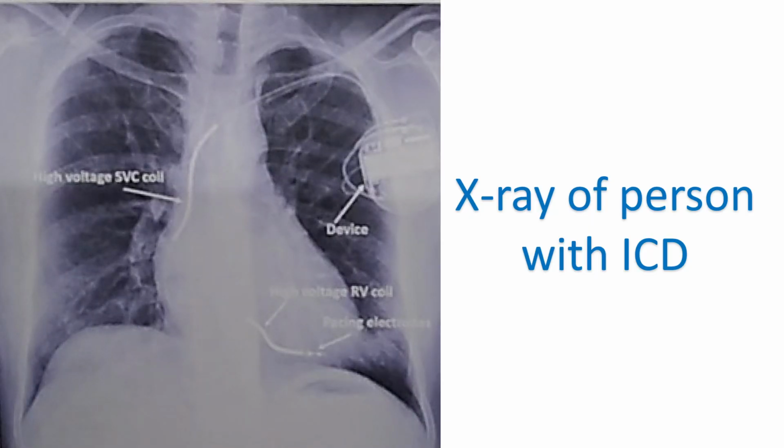The X-ray of a person with an implanted cardioverter defibrillator. You can see the device here, and there are high voltage leads. This is the high voltage lead, which is thicker, in the superior vena cava, and another high voltage lead or coil, shocking coil, in the right ventricle. And at the tip there are 2 pacing electrodes also.